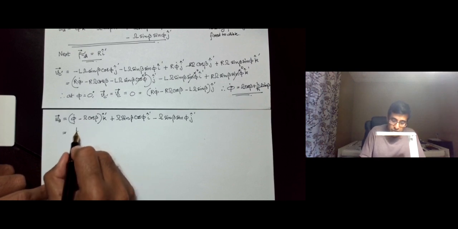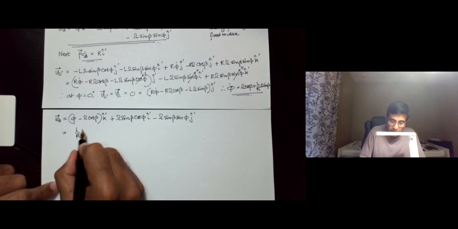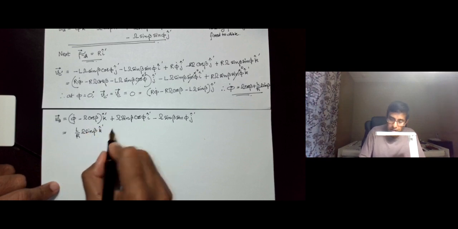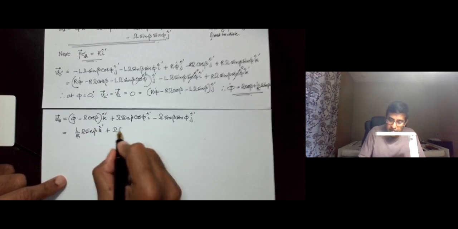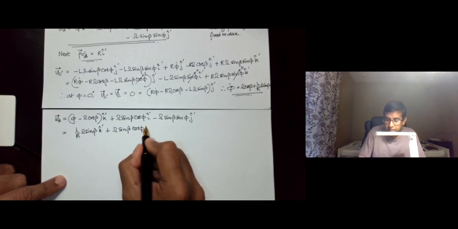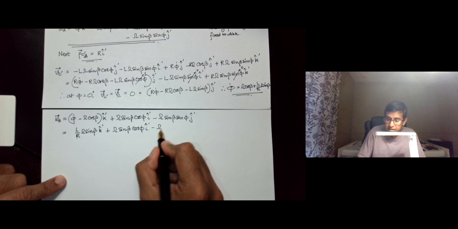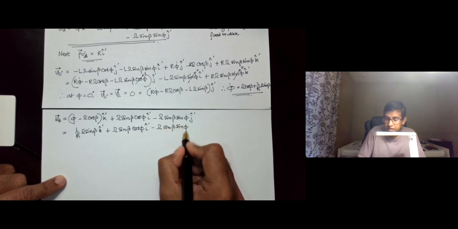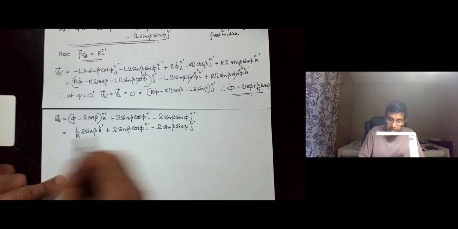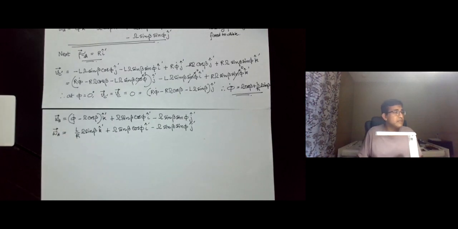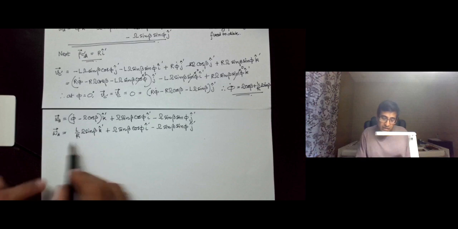So this turns out to be L divided by R capital Omega sine beta k prime plus capital Omega sine beta cosine phi i prime minus capital Omega sine beta sine phi j prime. So that's the expression for omega d, the angular velocity of the disk, as a function of phi.